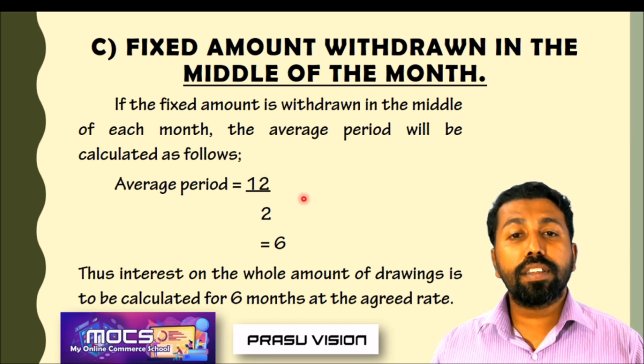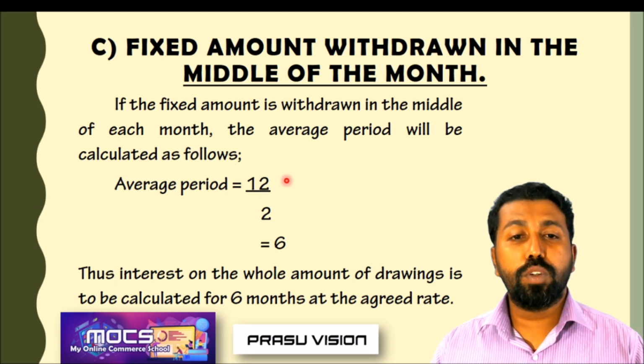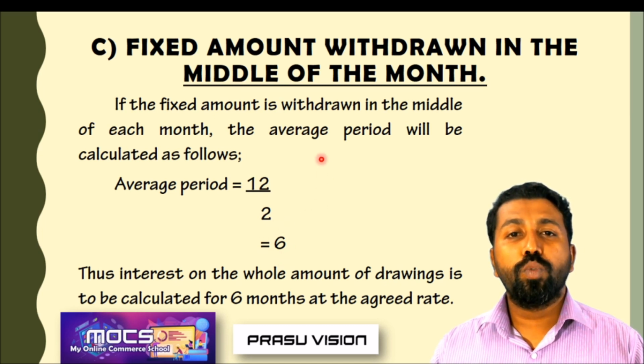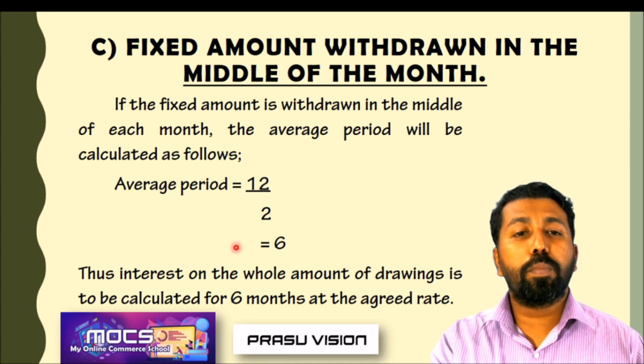The last drawing is made on 15th December, so 0.5 months is remaining to pay interest. So 11.5 plus 0.5, that is 12, divided by 2, is 6 months. So the average period when the partner withdraws the amount in the middle of the month is 6 months. Let us look at the problem.